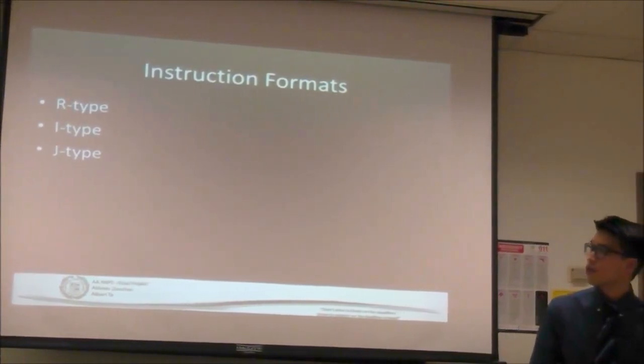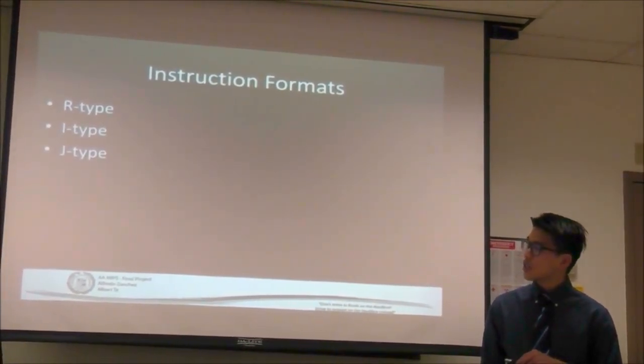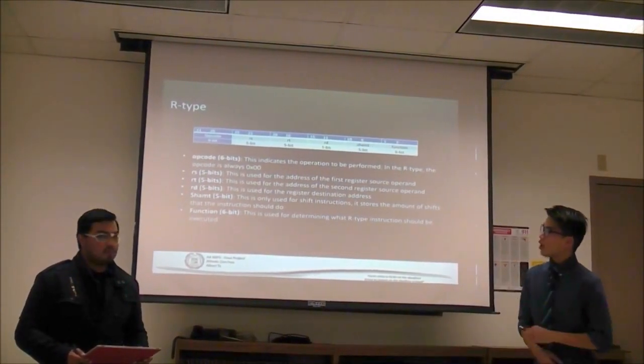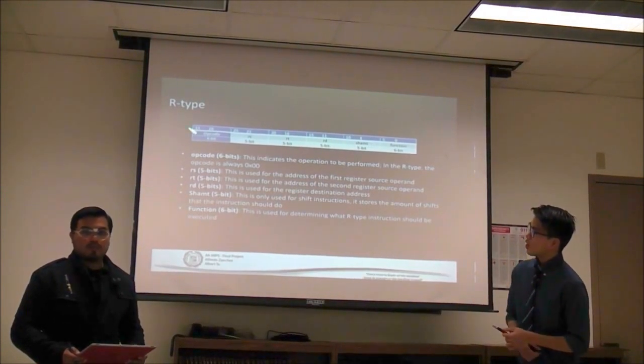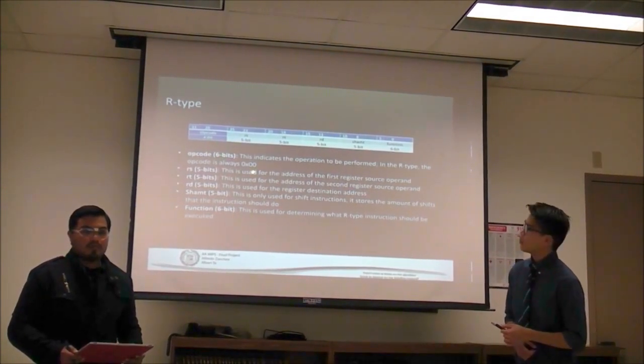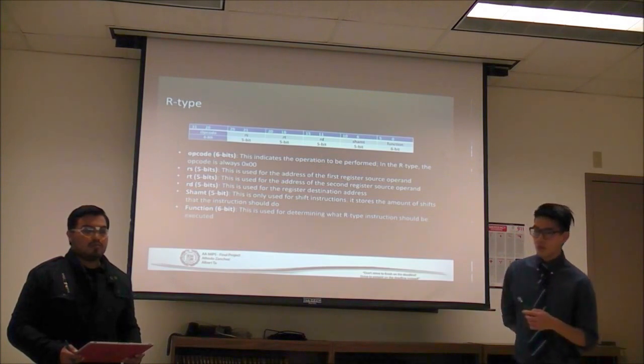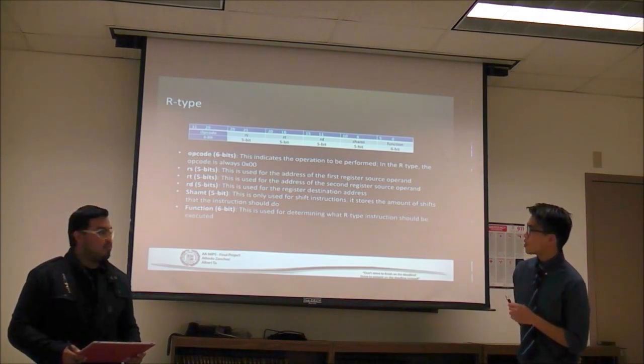And our instruction formats are the R-type, I-type, and J-type. So for the R-type, our first 6 bits will always be 0, and our next 5 bits are RS, followed by RT and RD, all of which are 5 bits.